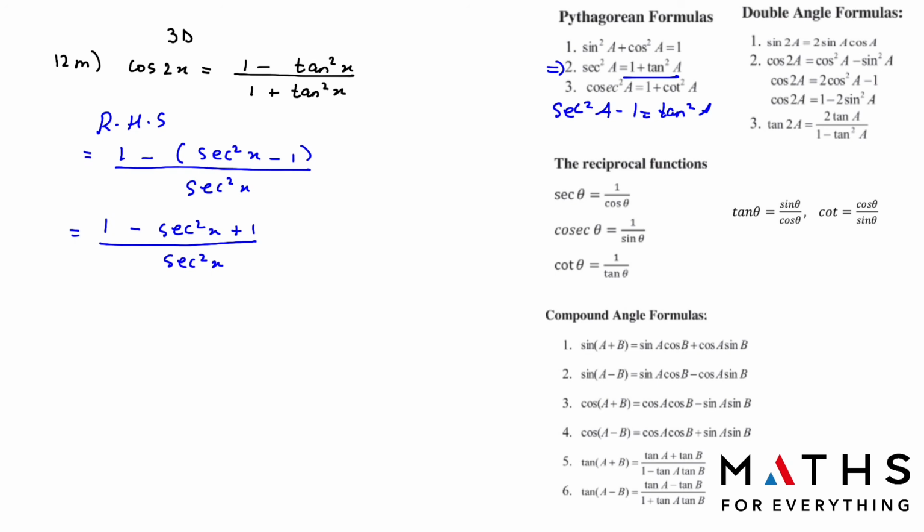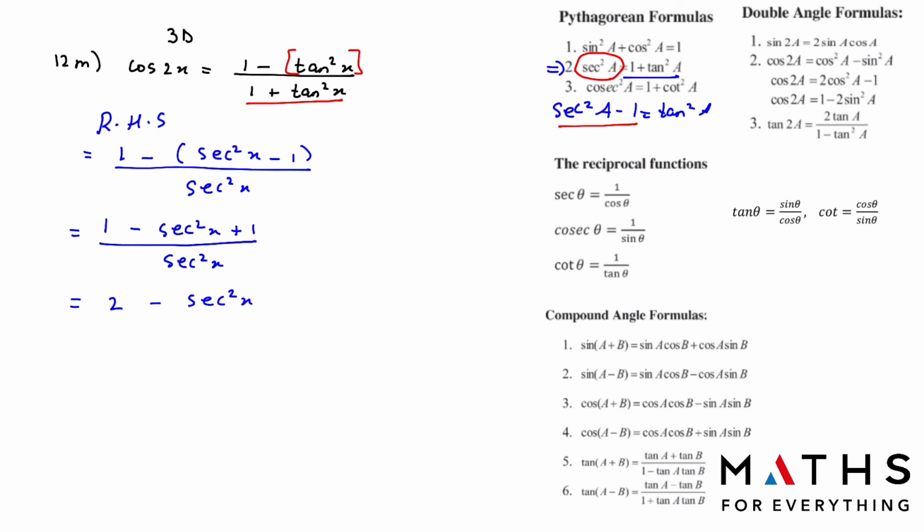Did you understand what happened here? In place of tan square x, I replaced sec square x minus 1. In place of 1 plus tan square x, I replaced sec square a. 1 plus 1 is 2 minus sec square x.